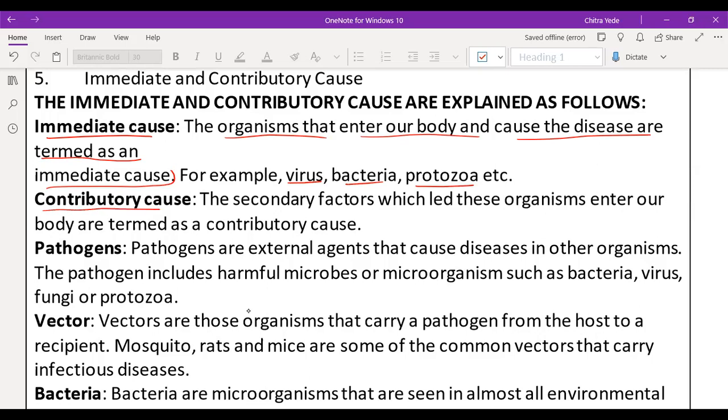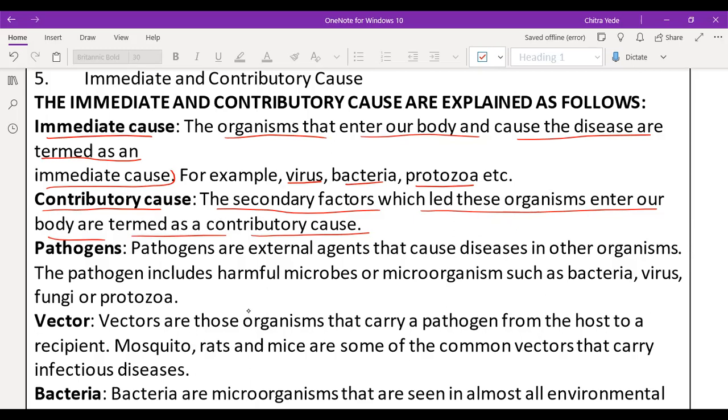Now contributory causes means the secondary factors which lead to organisms entering our body. Like we were getting a particular disease and due to it other organs are affected. Suppose the COVID virus enters a patient's body and affects the functioning of the respiratory system.